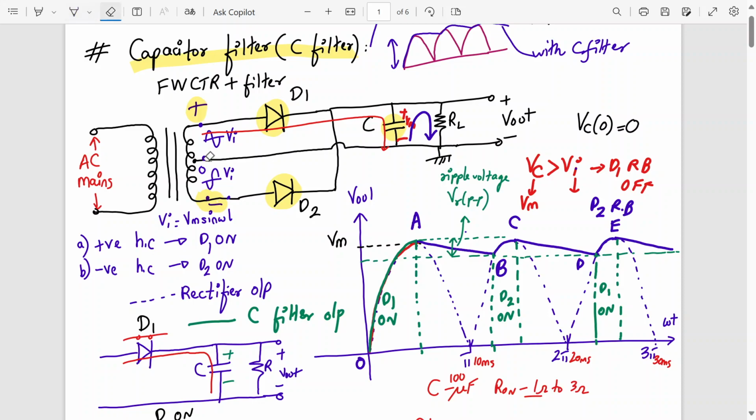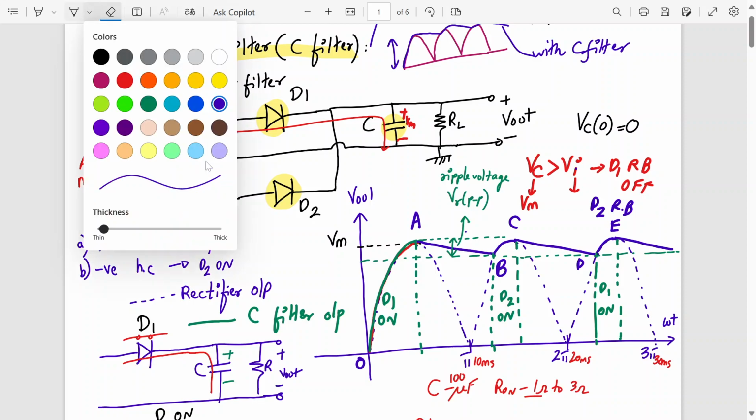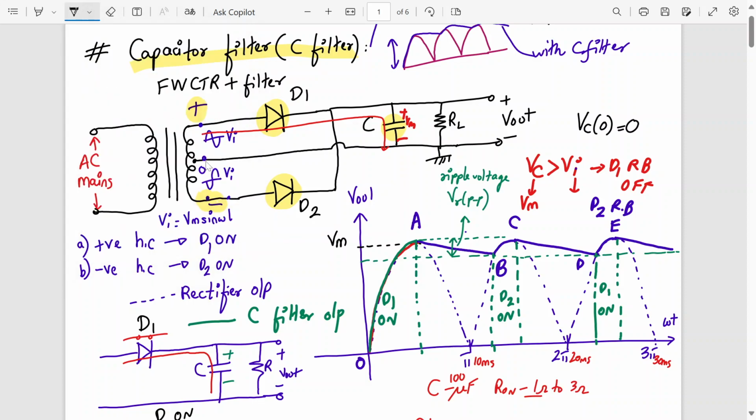The capacitor is charged. Now whatever charges are stored inside the capacitor, now slowly what will happen? Will diode D1 remain turned on? Yes or no? Or will it go off? See, diode D1 is on from 0 to A. What about A to B?